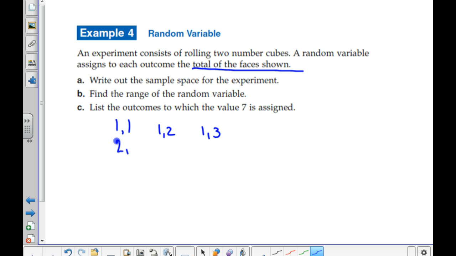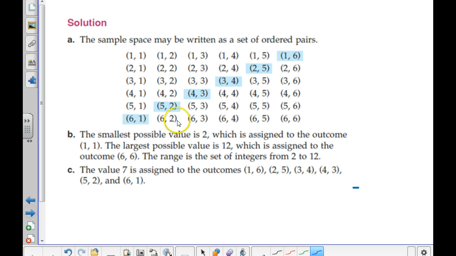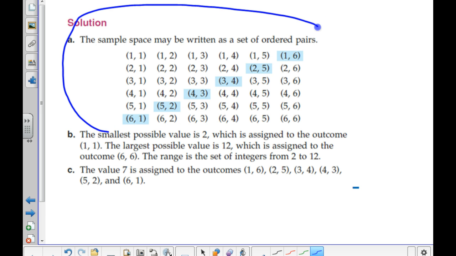You could go down this way, a 2 and a 1, 2 and a 2, 3 and a 1, 4 and a 1, 1 and a 4, and so on. You'd list them all. It would look like this. This is the total sample space for 2 dice rolling. Okay?